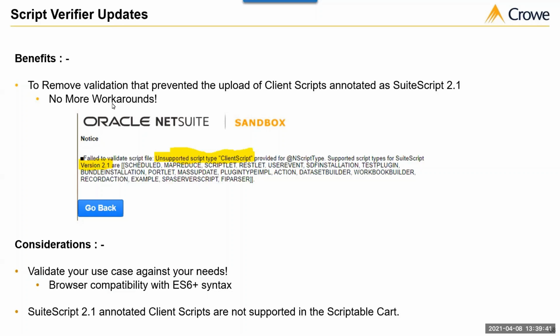But there is some consideration. You need to make sure which type of browser your client or user is using. As client script 2.1 uses ES6 plus syntax of JavaScript, or you can say ECMAScript, you need to make sure, because most browsers support this syntax, but it might be possible that some browsers do not support it.